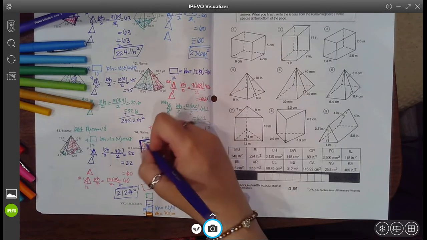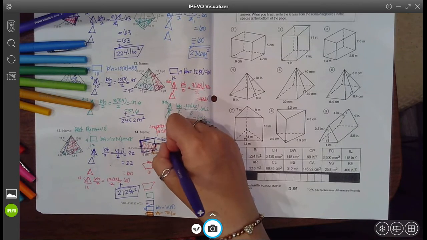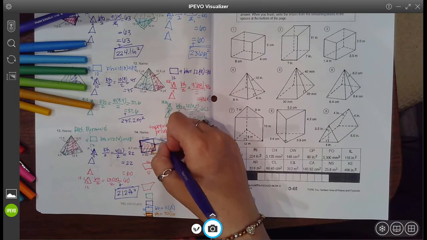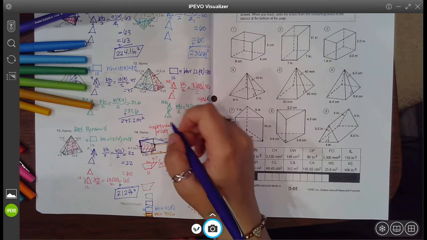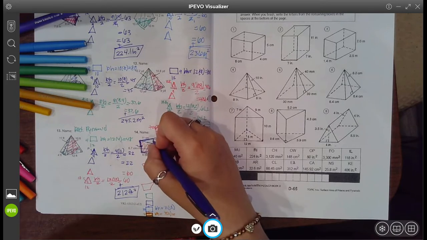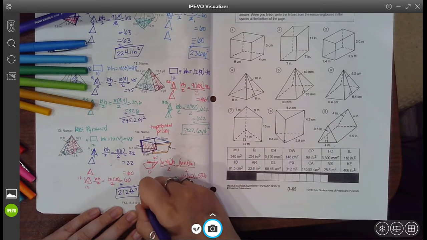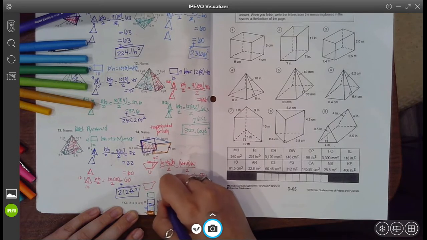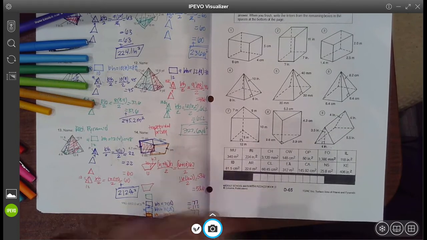Well, if you notice that little tick mark right here, that tick mark is also here. That means that all the ones that have one tick mark are the same measurement. So this is 7 as well. So 7 by 11 for that guy. So base times height is 7 times 11. So I have another 77.